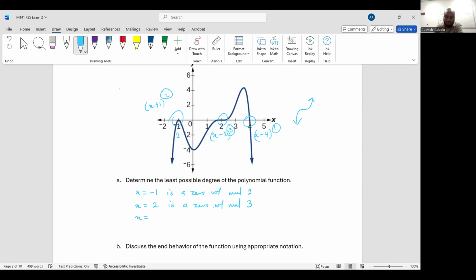X equals to 4 is a 0 with multiplicity of 1. So least degree is 6. So you see, using the intercept is not enough, or the turning point, because that will not give us the real stuff here. So we use the multiplicity idea.